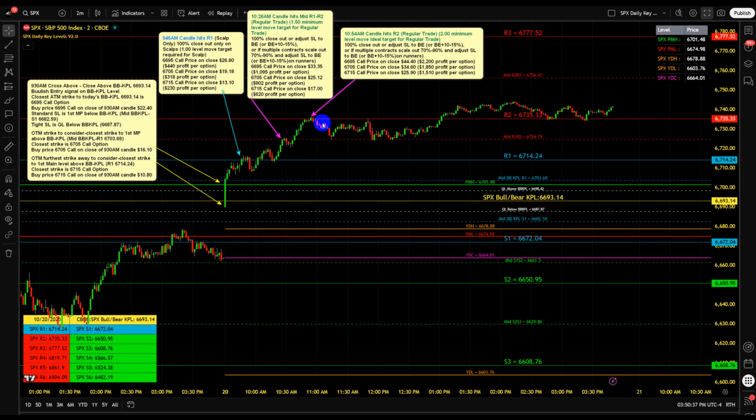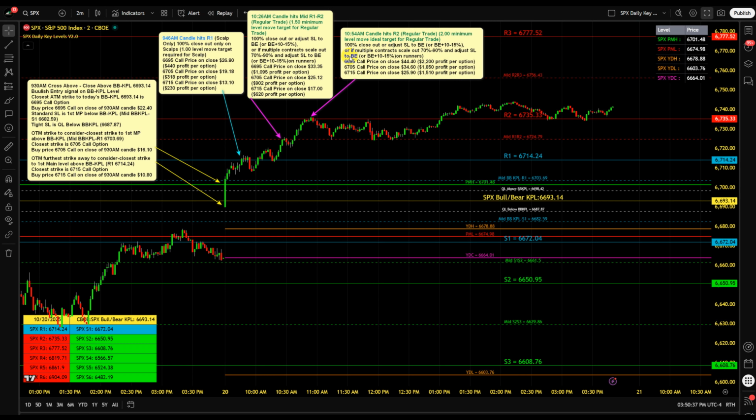So at 10:54 on this candle here, it hits R2. So on a regular trade, that's the 2.0 minimum level ideal target move for a regular trade.